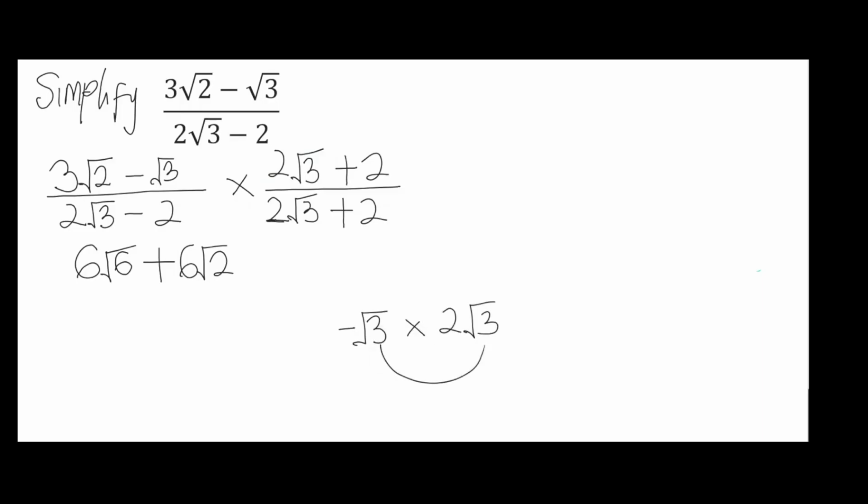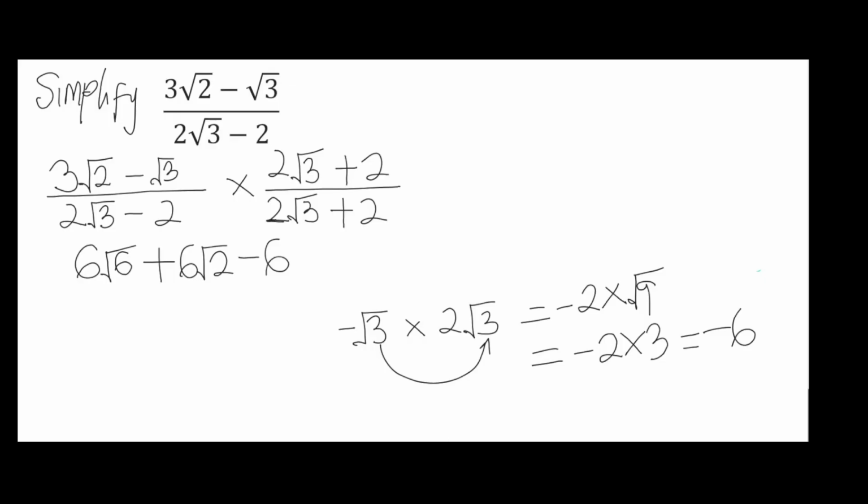We know that root 3 and root 3 give us root 9, so we have negative 2 multiplied by root 9, and root 9 is 3. So we have negative 2 multiplied by 3, and that's negative 6. So let's quickly write that: minus 6.